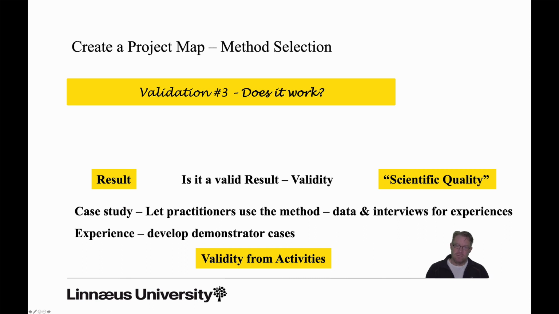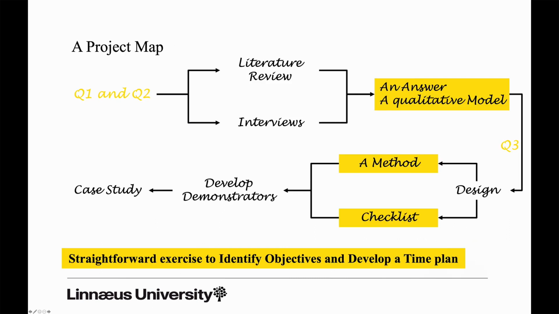So now you have an idea for how to approach the product map, and this is just a first sketch of the product map for bias and deep learning here. But Q1 and Q2, we addressed that with the literature review and the interviews.